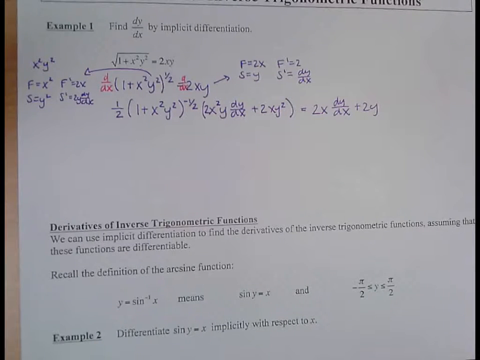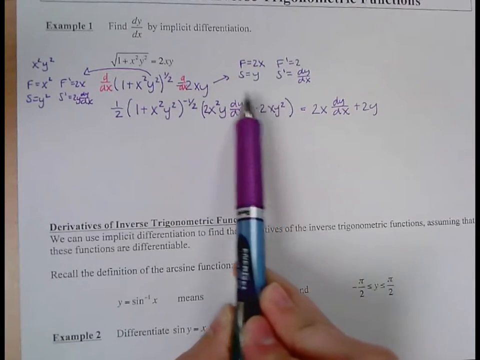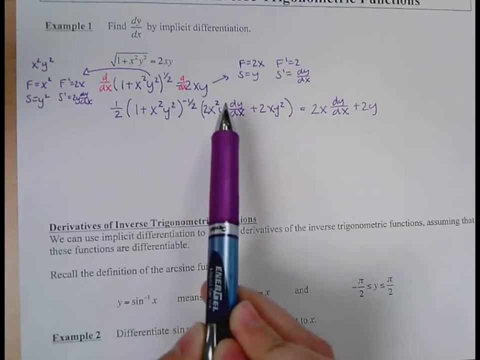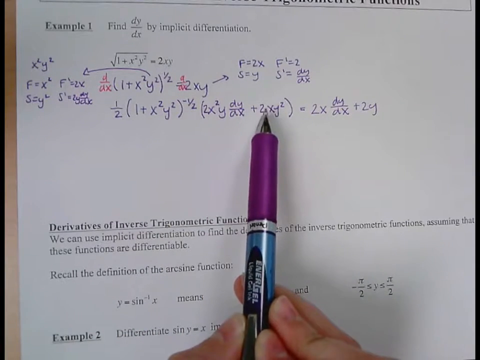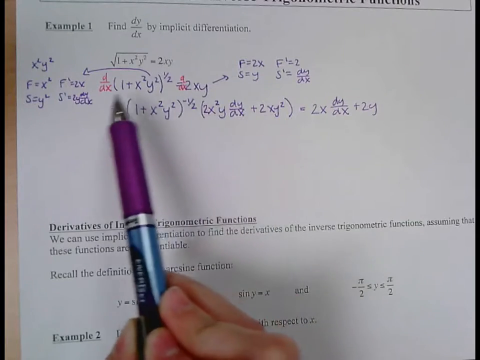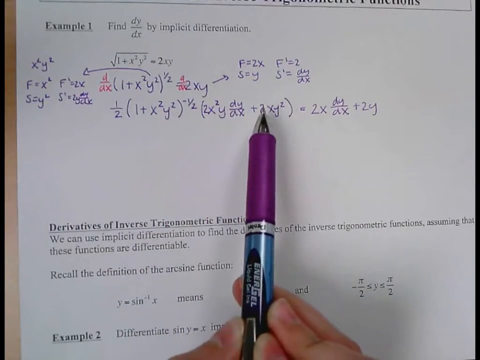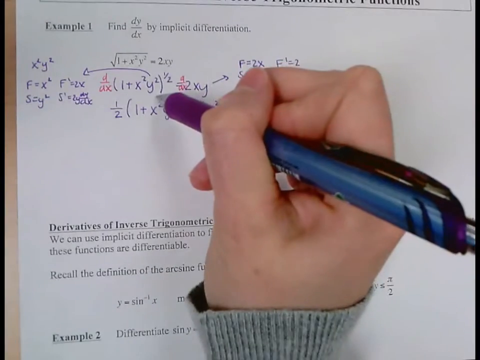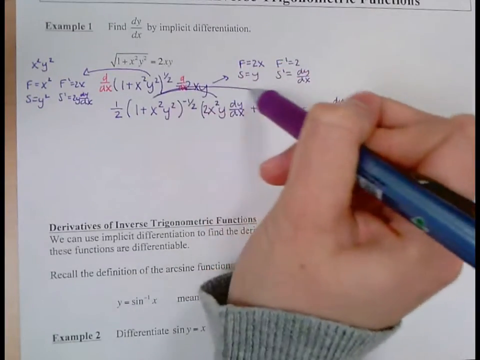You have to solve for dy/dx, or y prime if you wrote it as y prime. And to do that, on the left side, you have to distribute this quantity to these two inside of that parentheses. So this whole thing gets distributed to these so that you have a clear term with dy/dx.